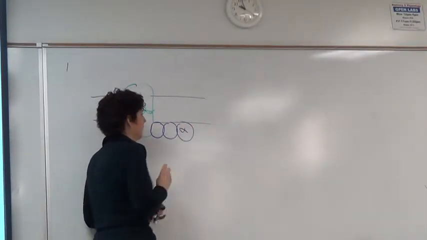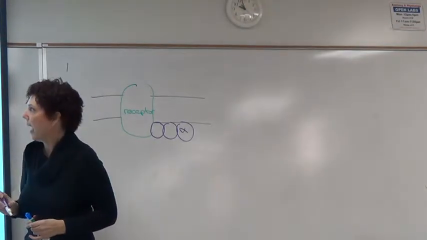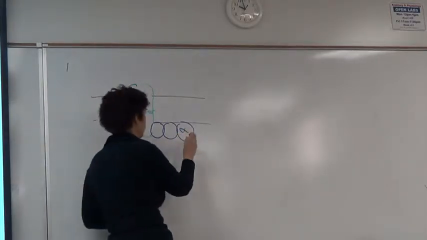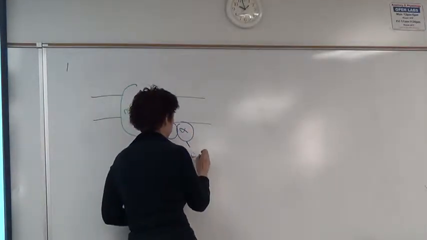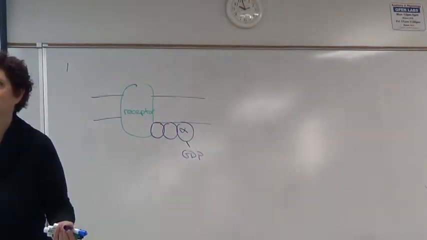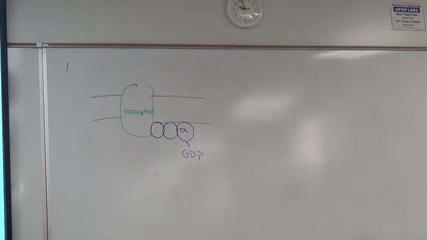So I'll go along with the diagram that we have, and you'll notice that when the G protein is bound to the receptor, and the hormone is not, we have GDP attached to the alpha subunit. That's the inactive form. You've heard of ATP? GTP is very similar. It's an energy storing molecule like ATP is, only it's guanine instead of adenine.